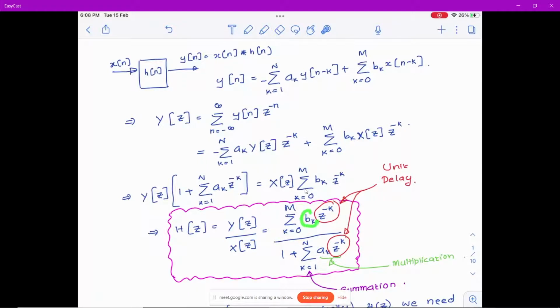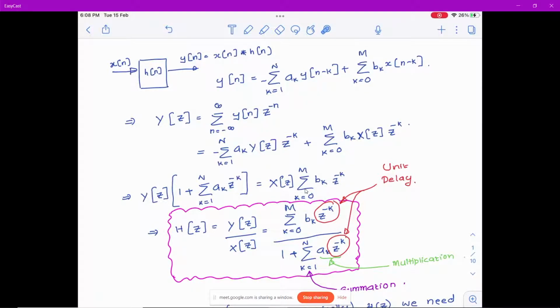Here bk are constants, ak are constants, and z raised to minus some value is actually a unit delay, because y of n minus k corresponds to z raised to minus k. So if it was y of n minus 1, this would have been y of z into z raised to minus 1.